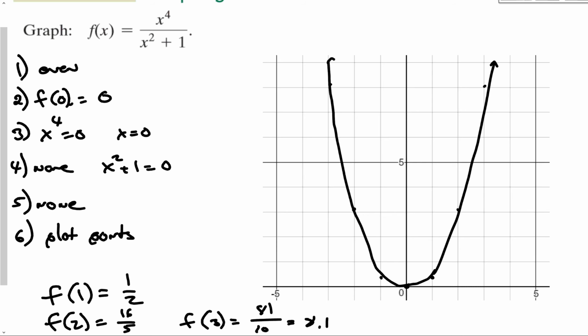And in fact, notice how the degree of the top is 2 bigger than the degree of the bottom, which means that this does have some sort of other asymptote going on, and because this is 2 bigger, it's going to be shaped like something that looks like x squared. So this has a parabolic asymptote as opposed to a horizontal asymptote.